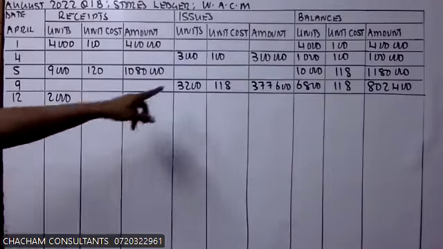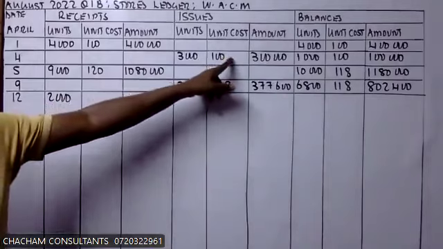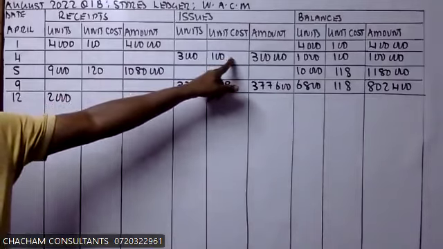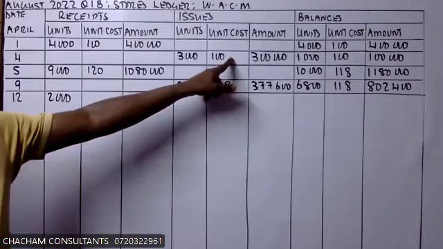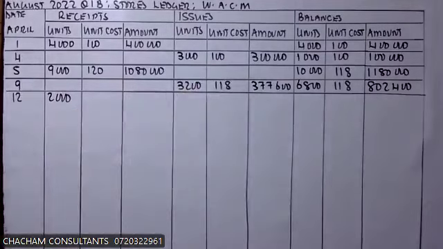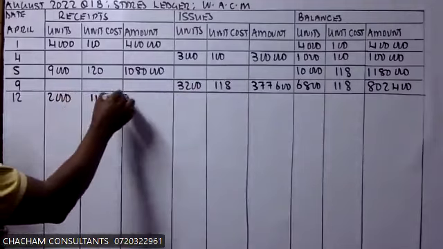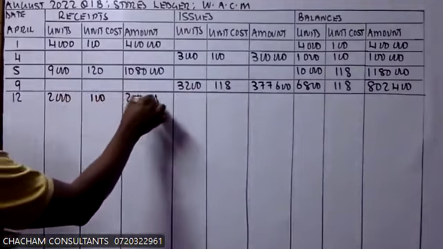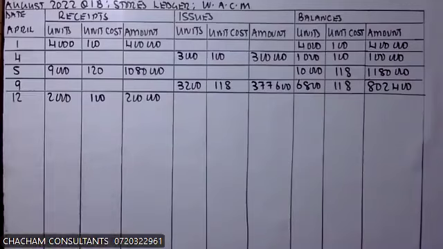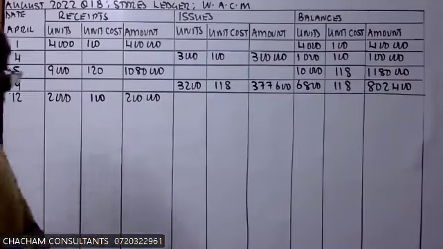And it is what we issued out on 4th. So it comes back at the cost at which it went out, which is 100. So this is 200,000. This is like a new purchase.